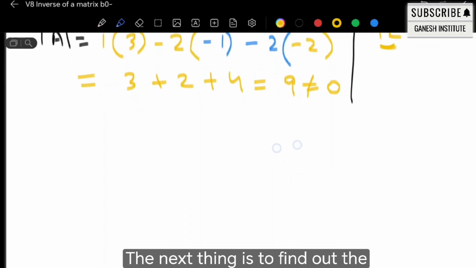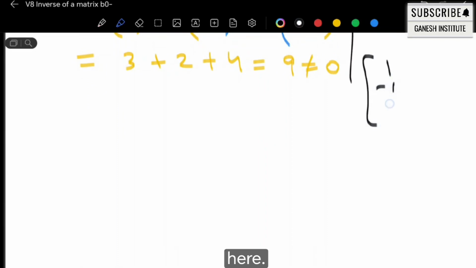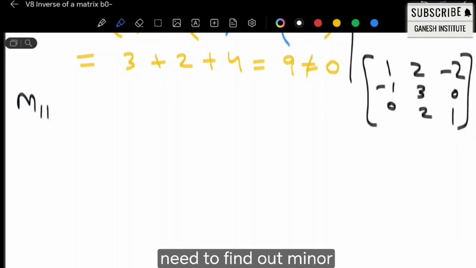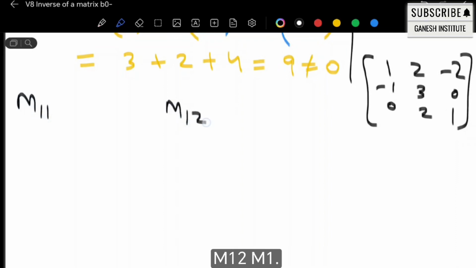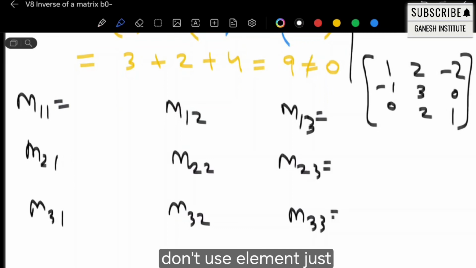Now the next thing is to find out the minors. Again, let me write the matrix here. So this is your matrix. Need to find out minors M11, M12, M13, M21, M22, M23, and M31, M32, M33. Okay. So in minors, we don't use the element.